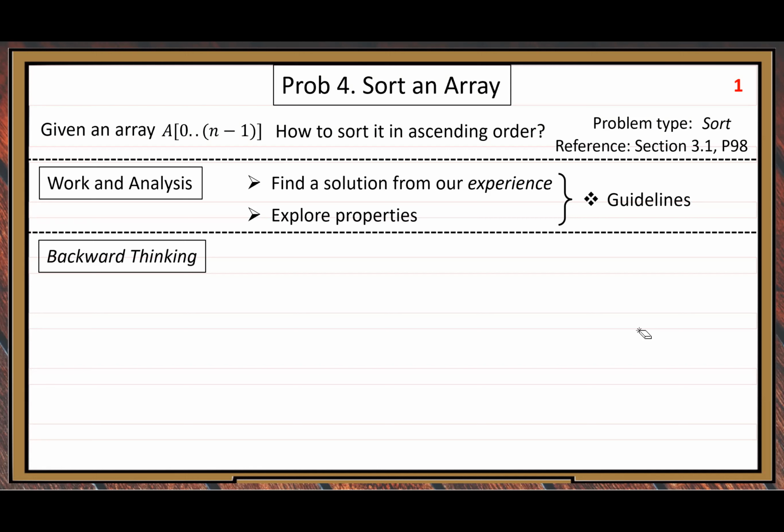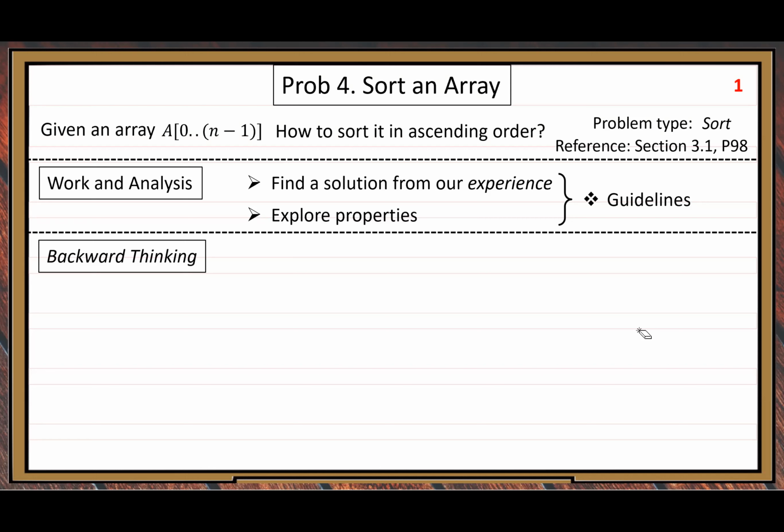Backward thinking is another commonly used technique, or thinking method, in problem solving. You can assume the problem has already been solved, then you try to get some interesting properties. You look at the problem backward, already solved.